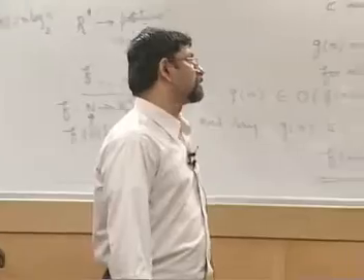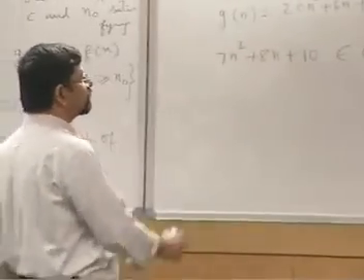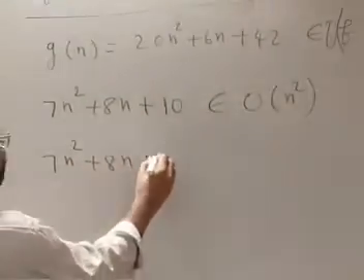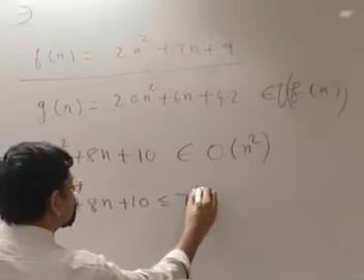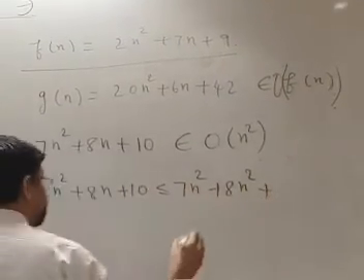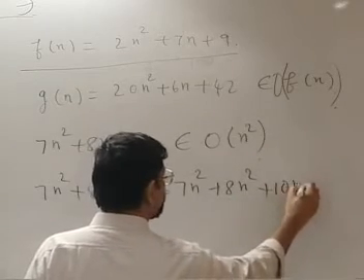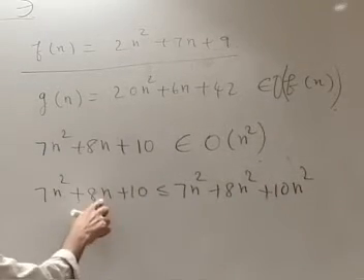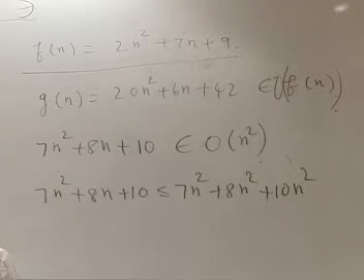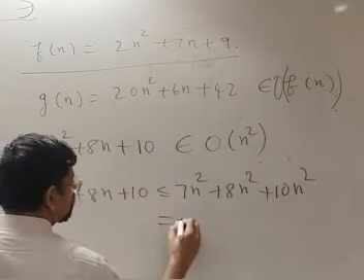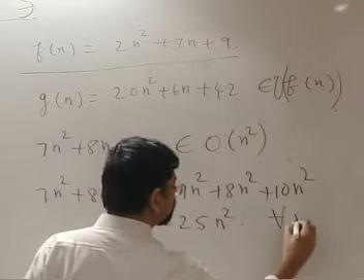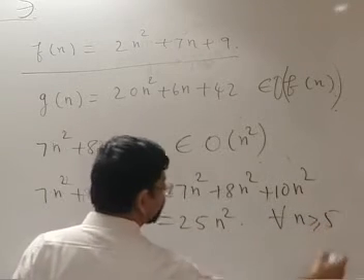When I find a constant, the way to find a constant is, I see that 7n square plus 8n plus 10 is less than or equal to 7n square plus 8n square plus 10n square, which is equal to 25n square, and this is true for all n greater than or equal to, let us say, 5.